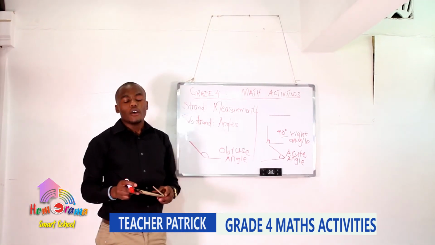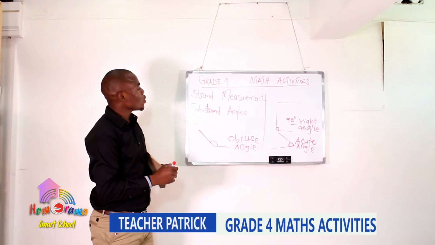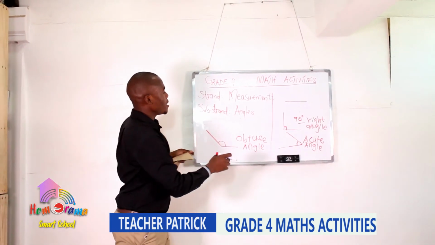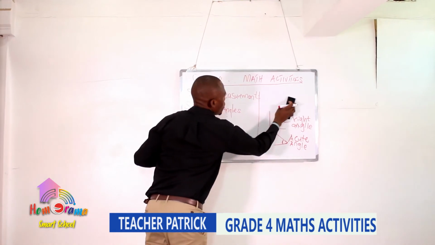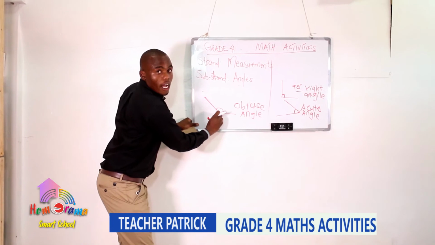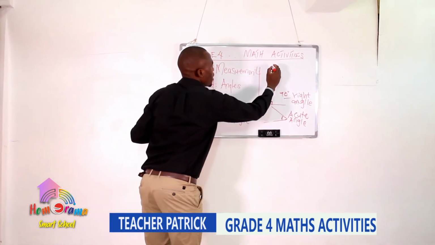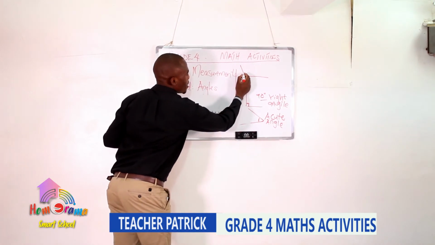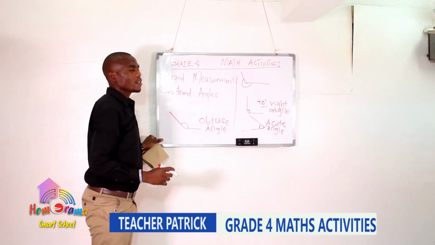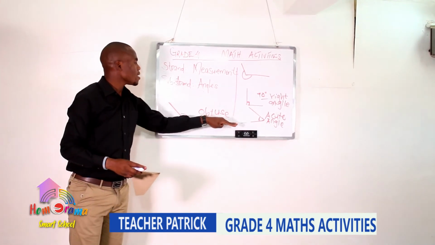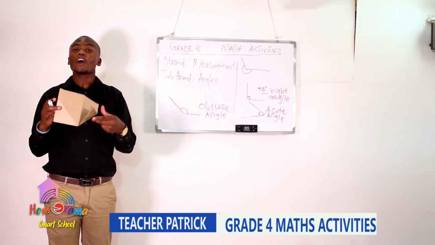Now, you may find in some instances that all these angles are there, but instead of showing you the amount of turn being inside, they put it outside like this. That one we say is obtuse, but they put the turn outside.